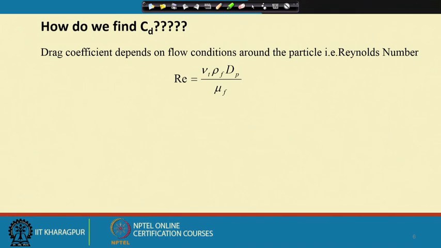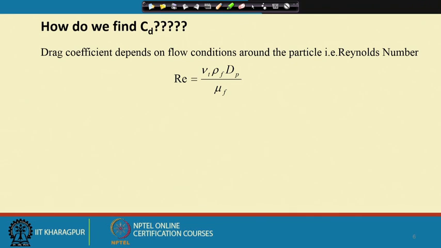So, what is the Reynolds number? The Reynolds number is basically a ratio between inertial stresses and viscous stresses. What will happen when the viscous stresses are dominant?